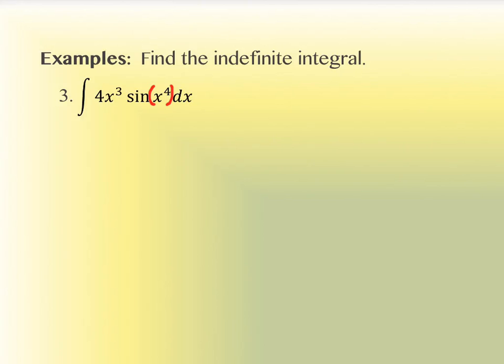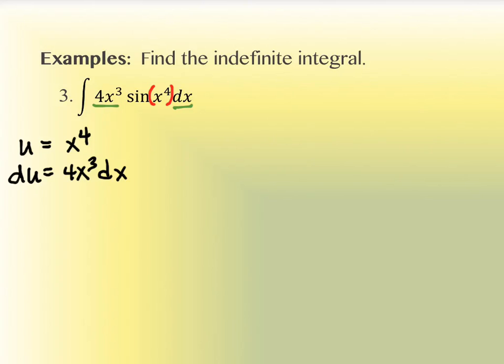So what's the inside function on this one? It's x to the 4th. And what is the derivative of that? 4x cubed dx, right? All right, so there is a 4x cubed and there is a dx. They're sort of separated. But if we just did some commutativity, just moved things around, they'd be together.